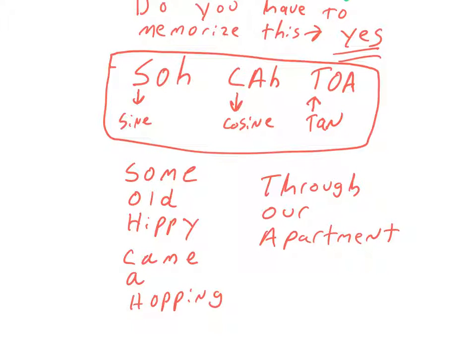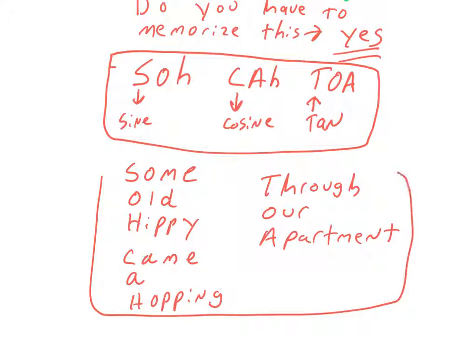So there's two ways, there's probably more. So we have sine opposite over hypotenuse, cosine adjacent over hypotenuse, tangent opposite over adjacent. Those things you have to remember.